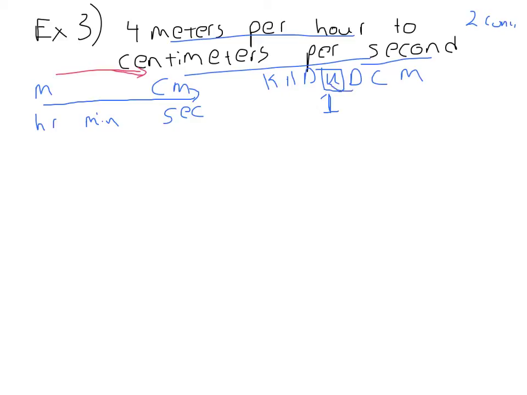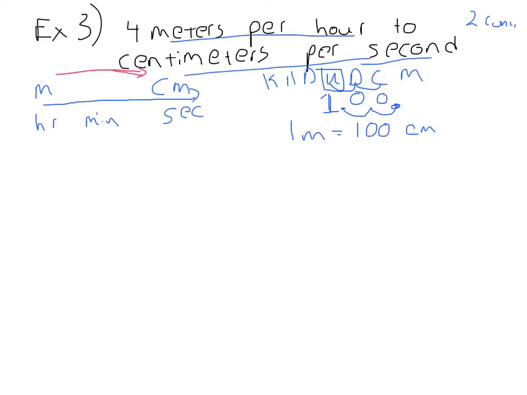Well, 1, 2 steps. So we would need to move the decimal 2 places. So here's the conversion. If we had 1 meter, it would be equivalent to 100 centimeters.